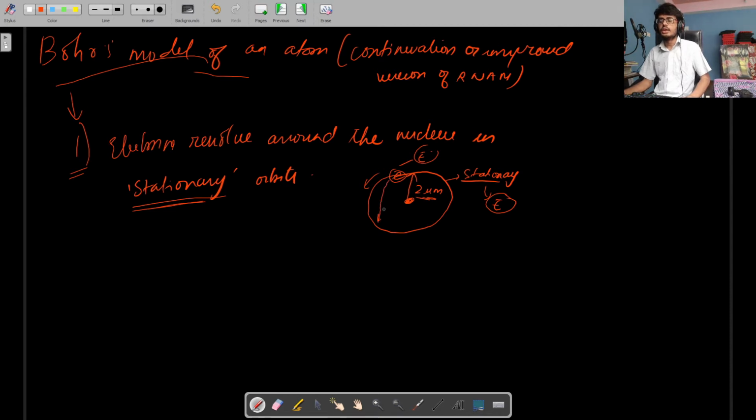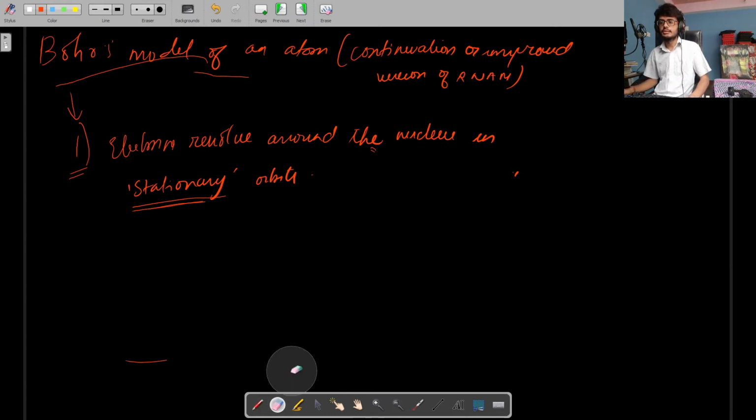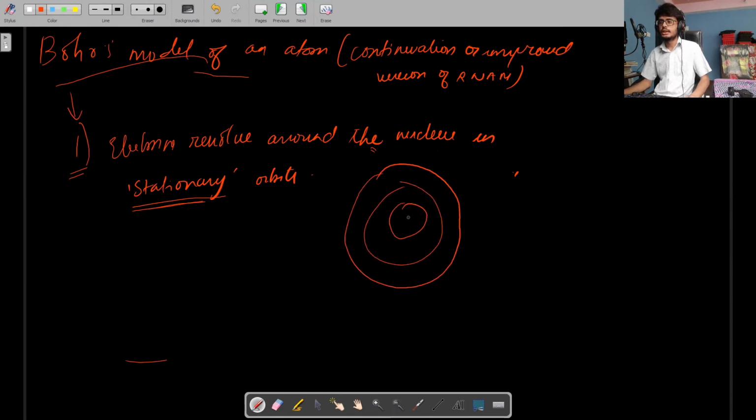Unless you supply some external energy, it may gain energy and go back up, right? When you supply energy to electrons, they will gain some higher energy and move upward, into a higher orbit. For example, if you have an atom with 3 shells, 1, 2, and let's say this is the 3rd shell, and there is a nucleus here.